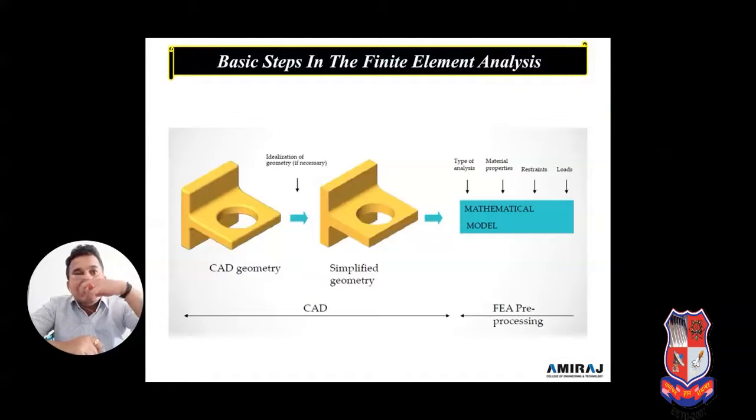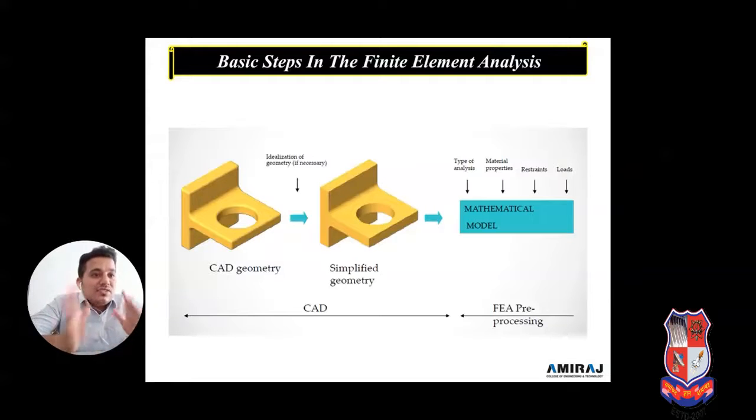So let's start with the basic steps in finite element analysis. First we create the CAD geometry in any CAD software like Creo, CATIA, Abaqus, AutoCAD. We create the 3D geometry of the object, then simplify it into a simple geometry.